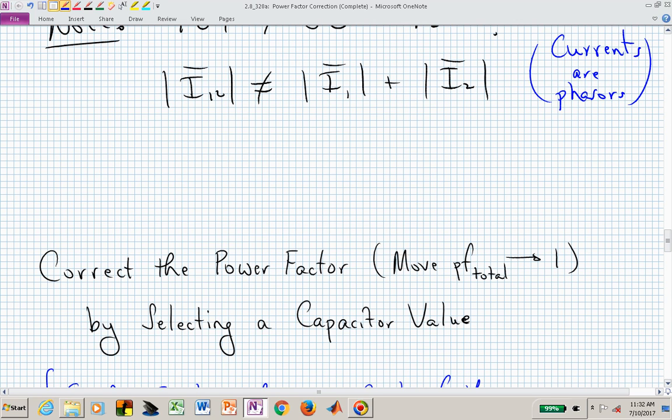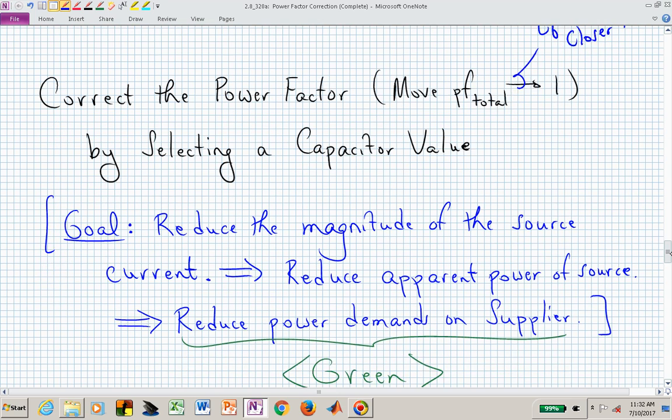So what we want to do is correct the power factor by introducing a capacitor. And I might just say that here we want to move the total power factor equal to, or closer to, a value of 1. So let's see how we can do that.